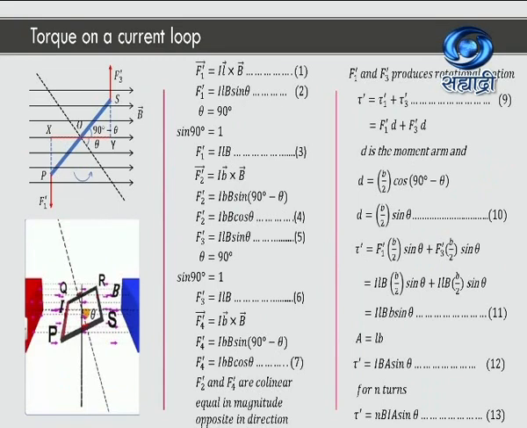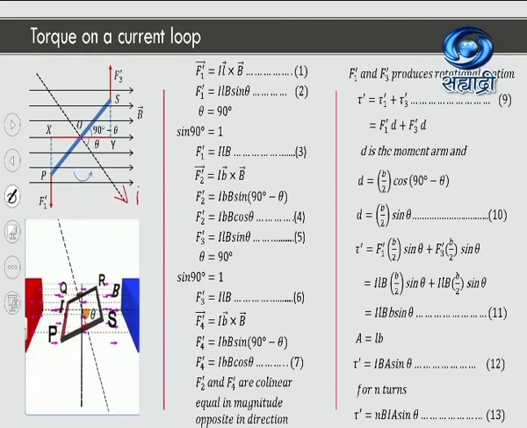The torque acting on a current carrying loop when it is parallel to the magnetic field is equal to NBIA. Now, if the plane of the current carrying loop is inclined to the magnetic field, then the area vector of the loop will be in this direction.